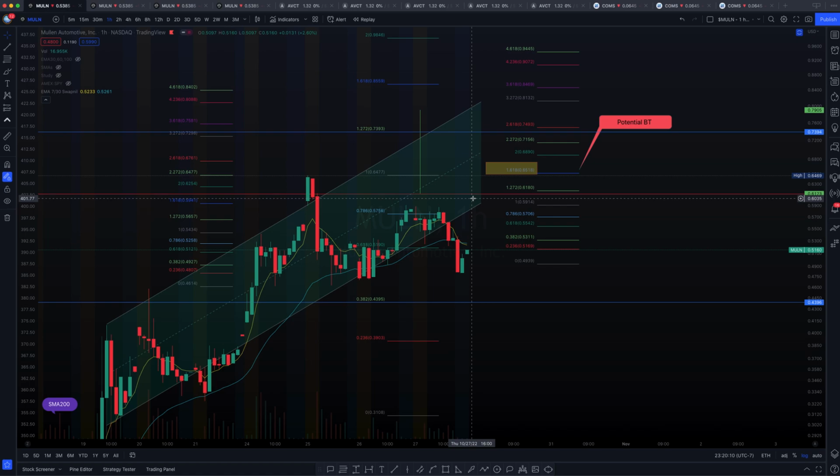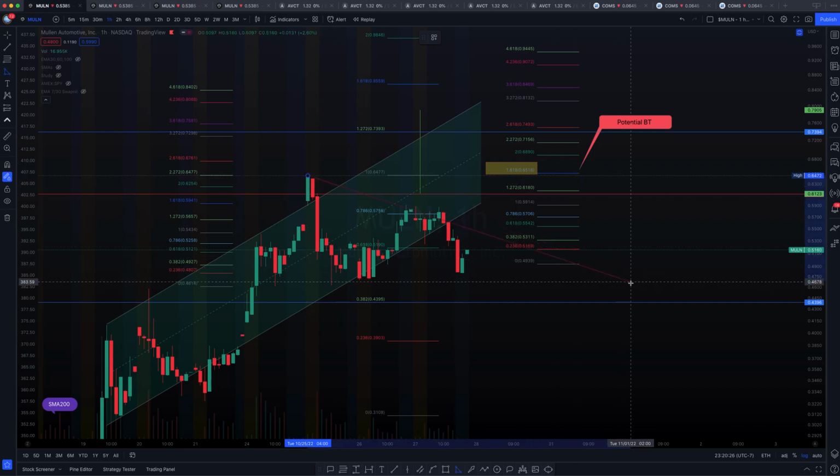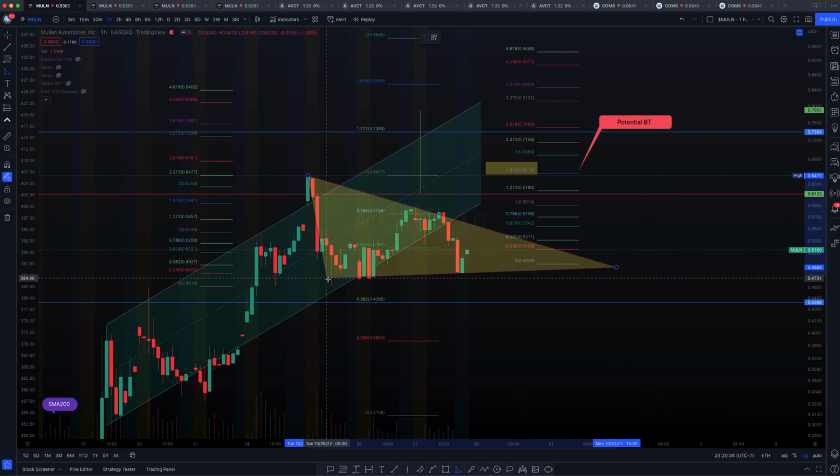Okay, so there is something very interesting here that has popped up, and I very much would like to share with you guys because it is a bullish statement for MULN stock. So now if we take a triangle tool and take this top range and draw a trend line in this manner. Let me see if I can get it to be about here and draw it to this point.